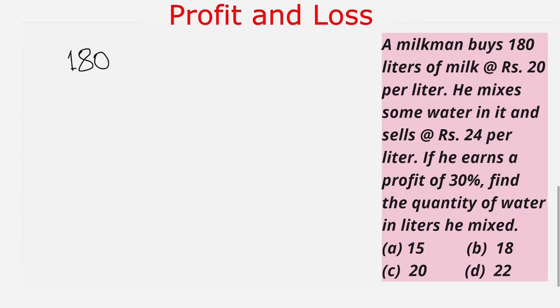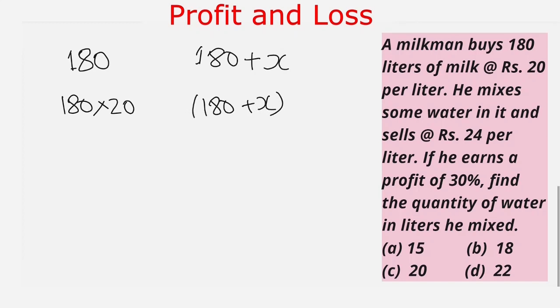Let X liters of water be mixed in it, then the total quantity becomes 180 plus X. The cost price of 180 liters is 180 multiplied by 20, as the purchase cost is 20 rupees per liter. And the selling price is rupees 24 per liter, so it is (180 plus X) into 24.